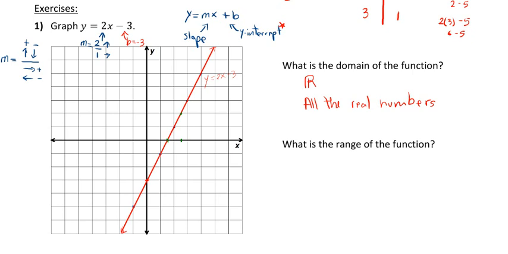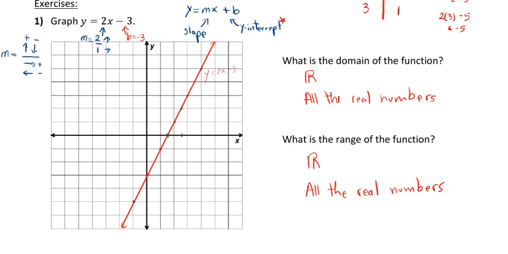So that means it includes all the numbers, all the real numbers. And I'm using both ways, but you only need to write it in one way. And that's it for graphing a linear equation or function.